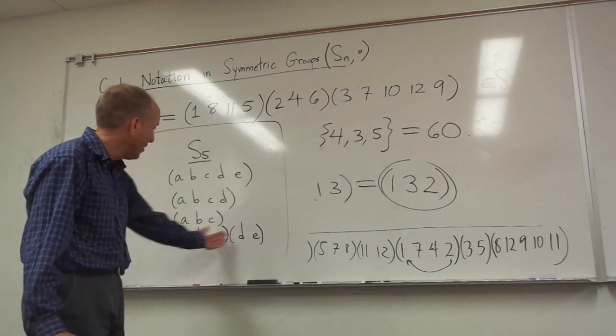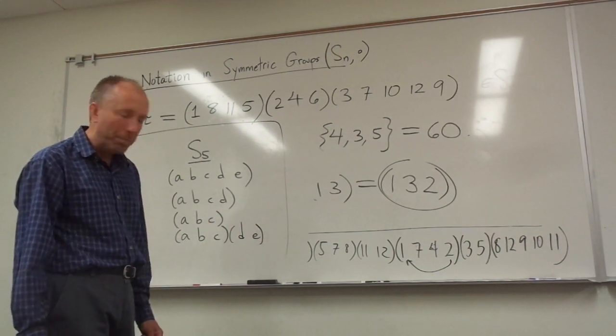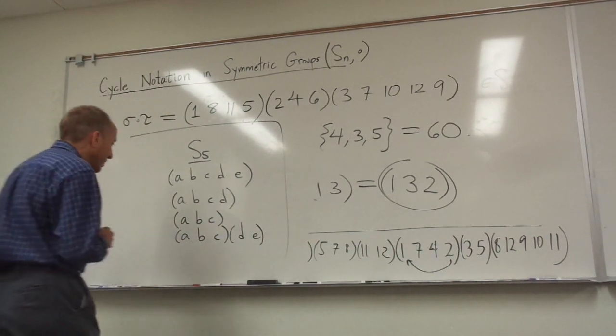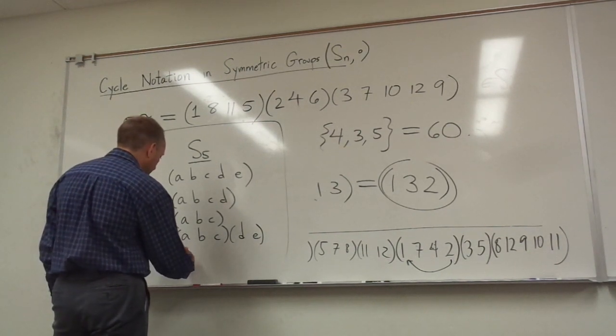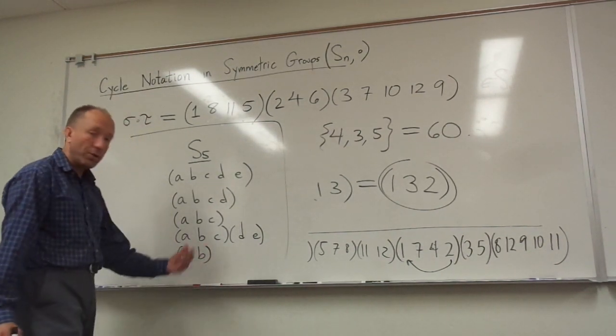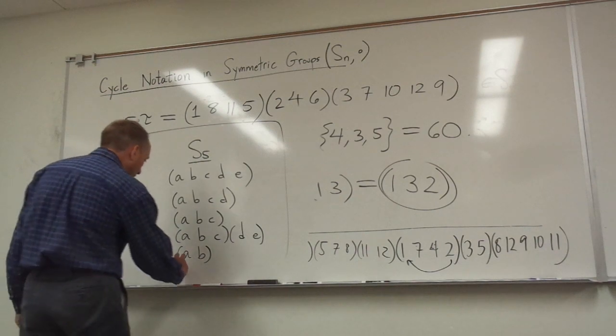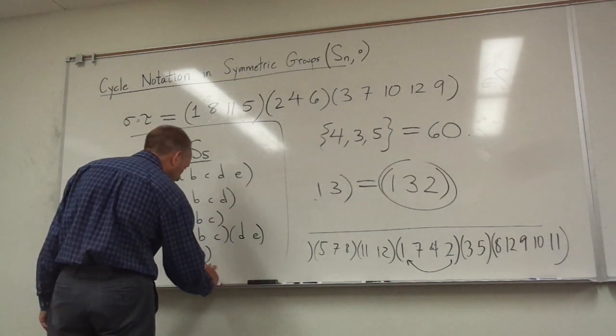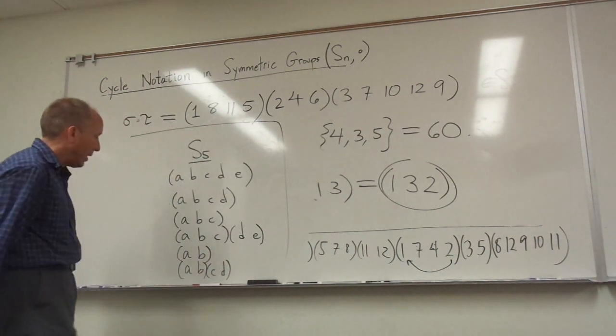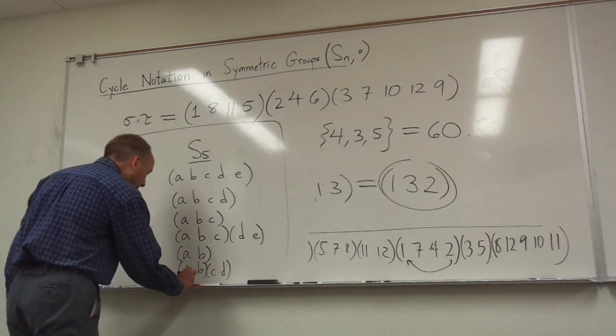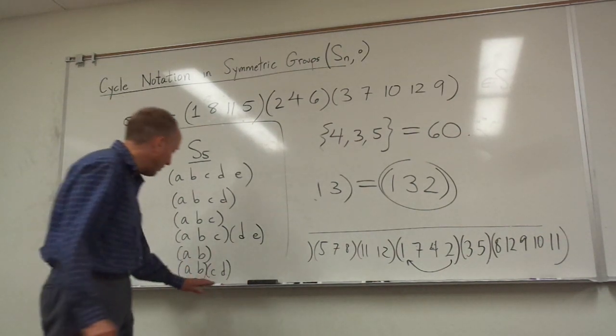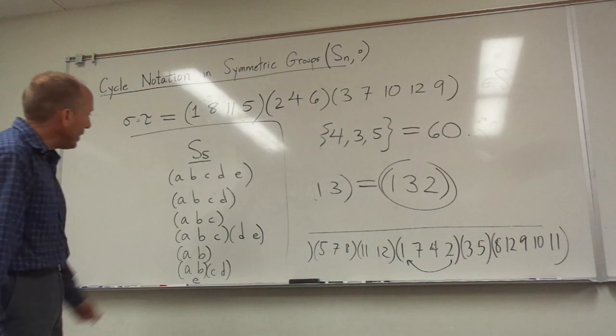So you could have something of that form. And what else could I have? Let's see, I could have a 2-cycle, which is just a transposition. Or I could have 2 of those, right? Or I could have an identity element, e, where you don't really have any cycles at all. And I think that that's about it.